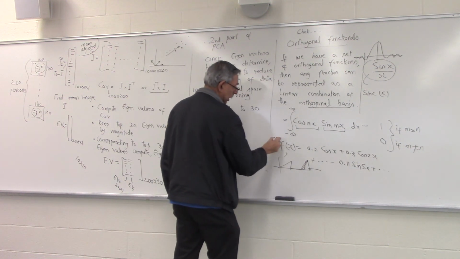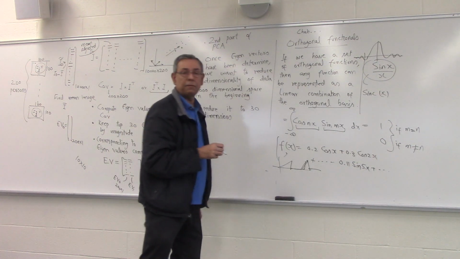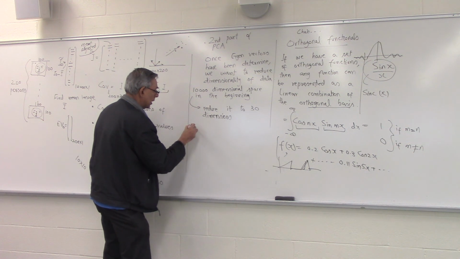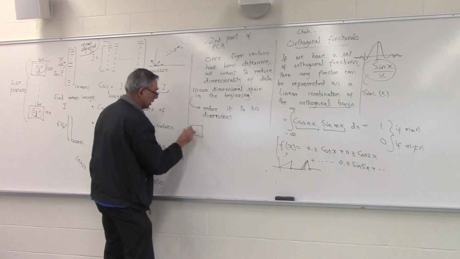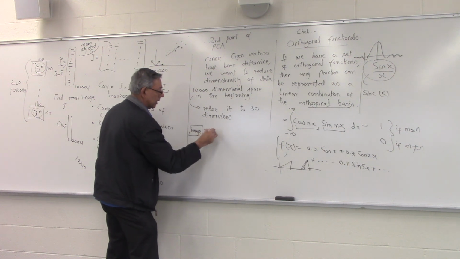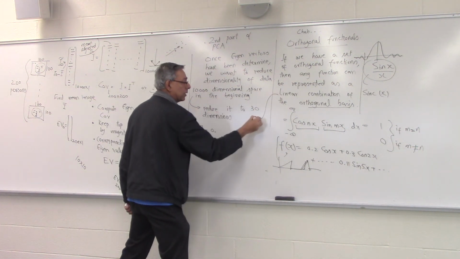Now let's try to relate it to our problem. Our problem is not a function. Our problem is an image. So the question is, given an image, can this be represented as some linear combination? This is what we are trying to do.